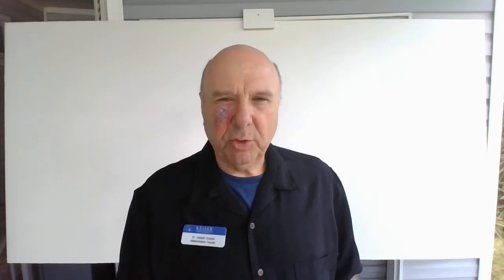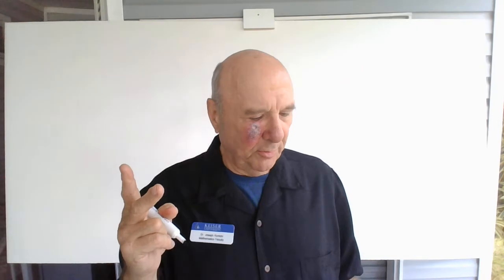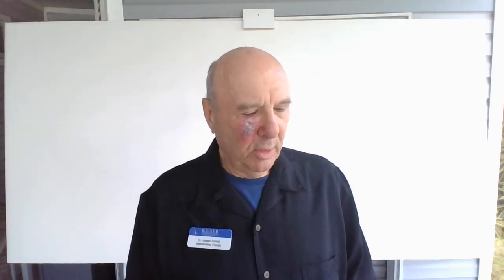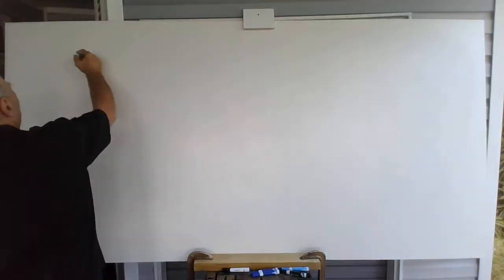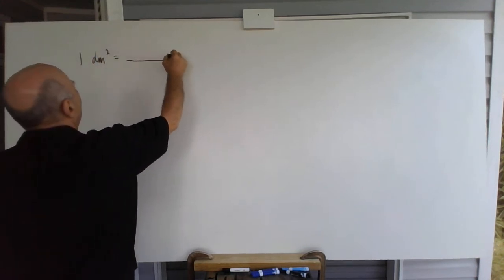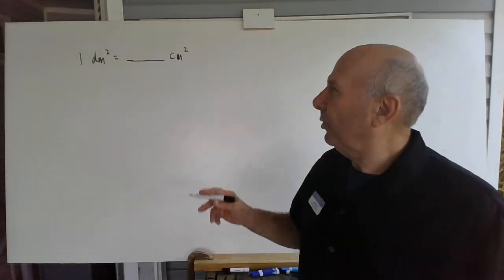So it's two-dimensional. Everything we've done previously was one-dimensional. So in 2 dimensions, let's say we want to change 1 decimeter squared to centimeters squared. So it's two-dimensional.